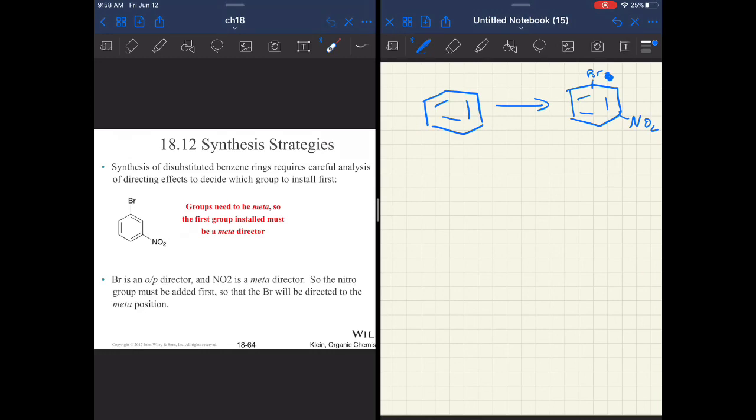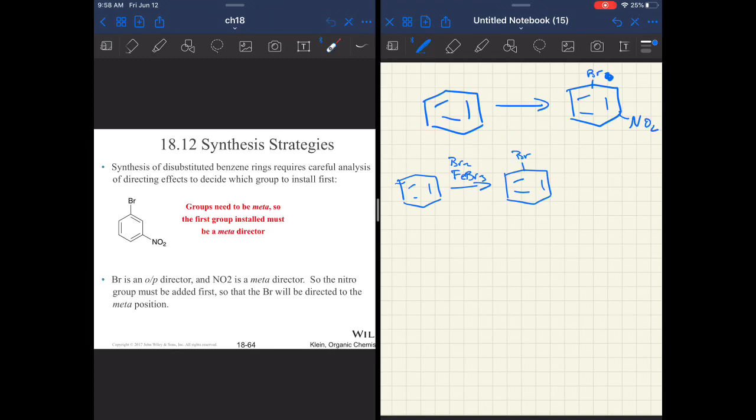I need to add the bromine, I need to add the NO2. But the order in which I add them is going to be important here. So I'm going to purposely do this wrong so that we can talk. Let's say that I add my bromine first. If I use Br2 and FeBr3, that will put a bromine on the ring.